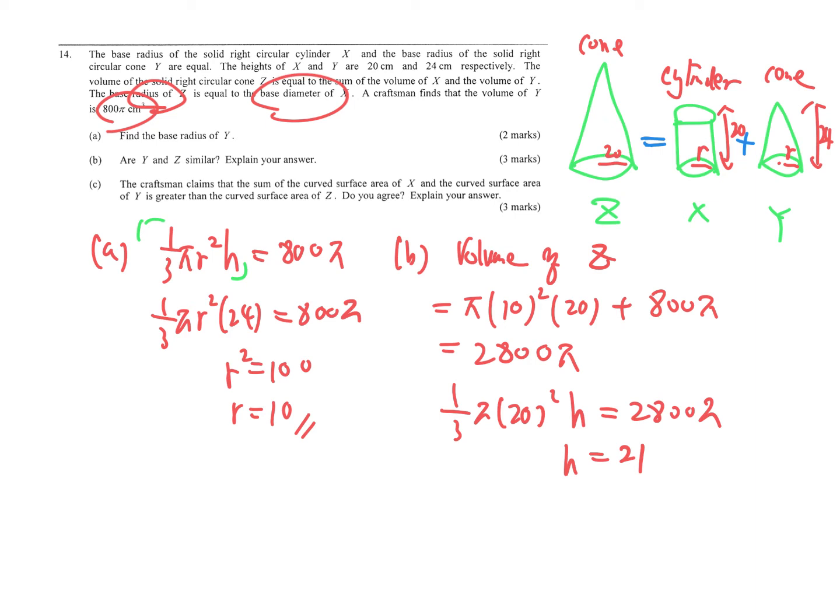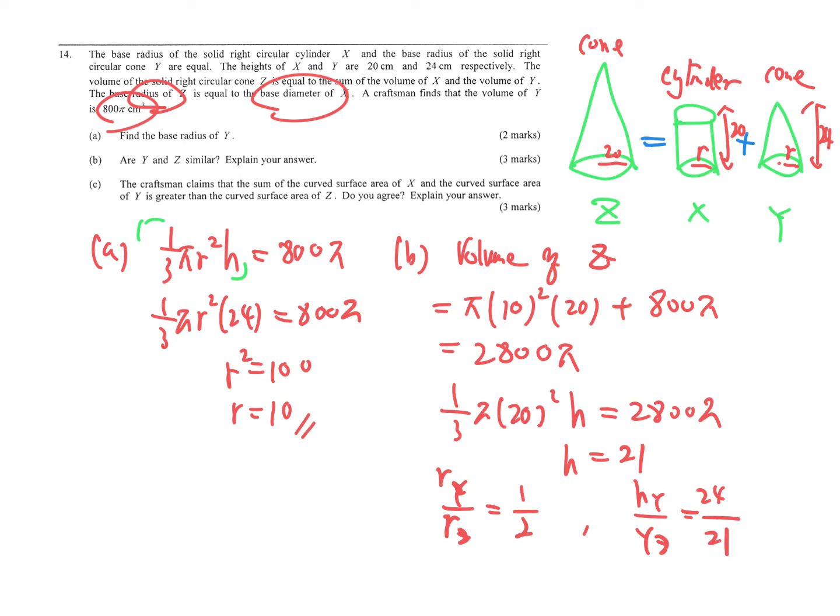If you compare the ratio, the ratio of radius Y to radius Z is 1/2, but the height ratio is 24/21.